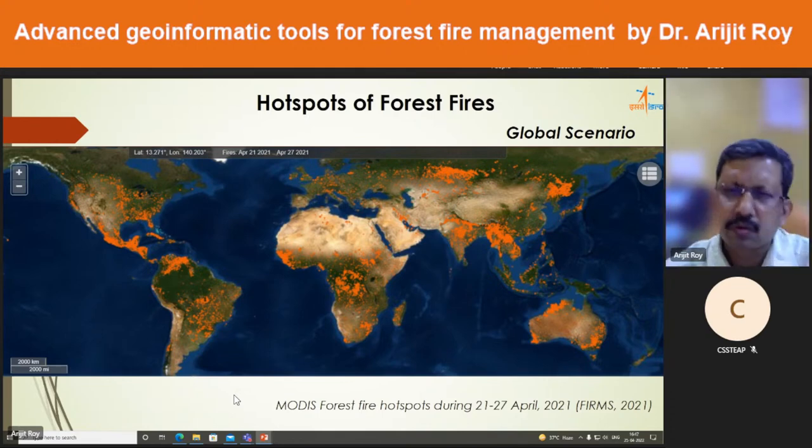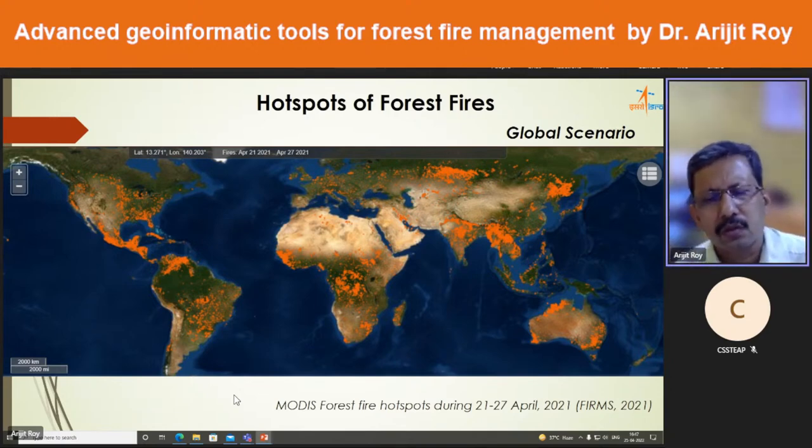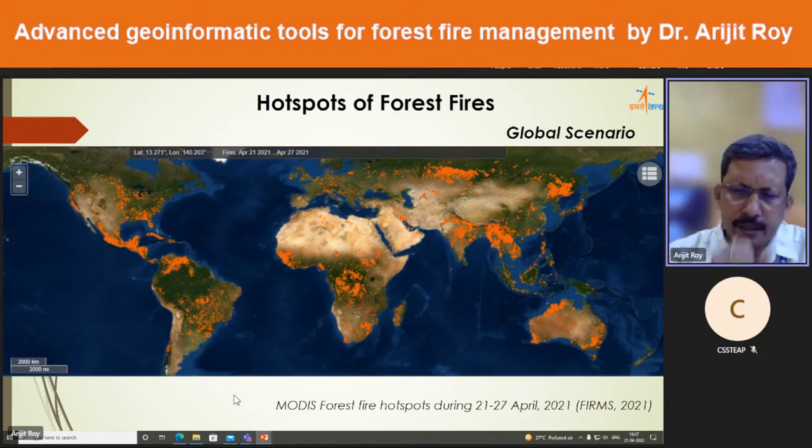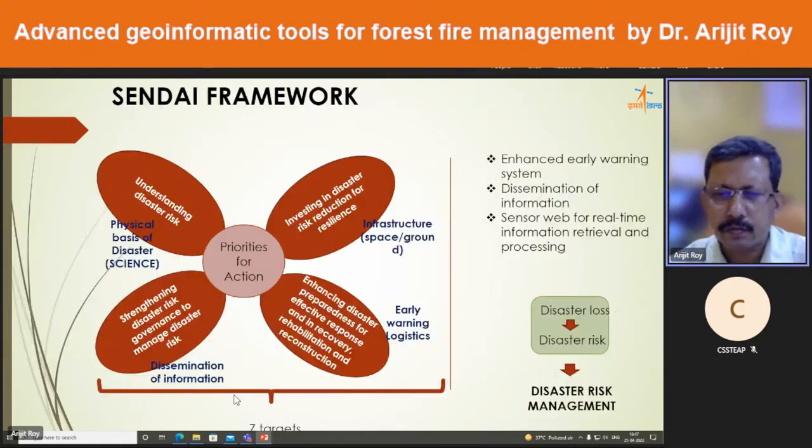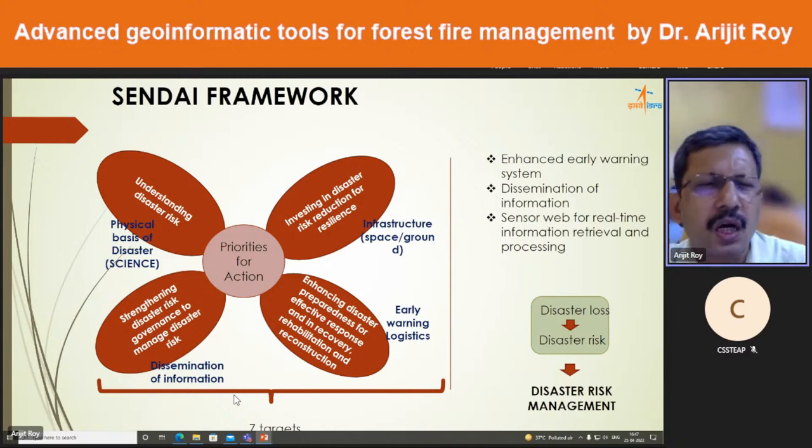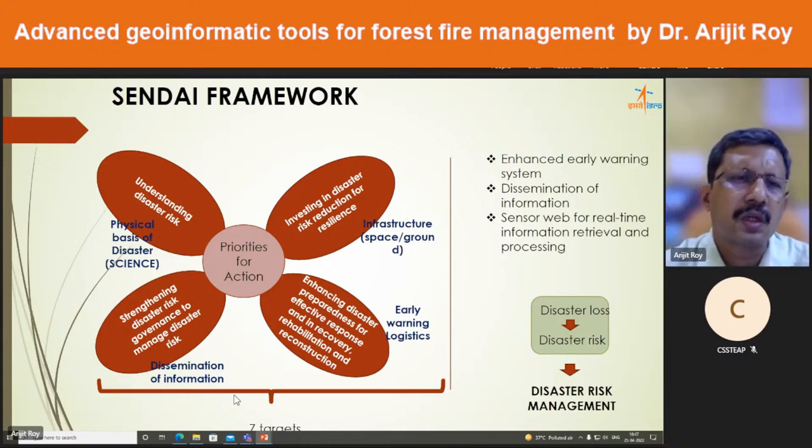So this entire thing basically reverses during the autumn, that is during October. So before we go further, I'll just briefly talk about the Sendai framework.